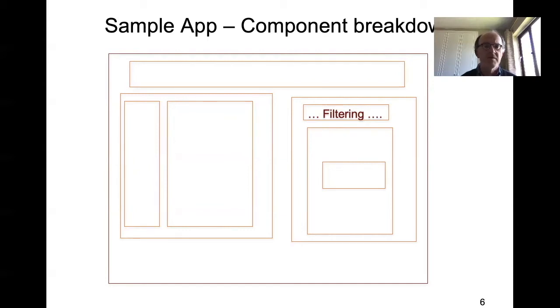So I'll have a box for the header, and there may be a footer part as well that you want to keep consistent across all the different views or pages that make up your app, even though I'm not dealing with multiple pages in this example. It's just good practice to have by default a header and footer box, which will correspond to a component just responsible for rendering the header and footer part of the UI. So that's everything covered now.